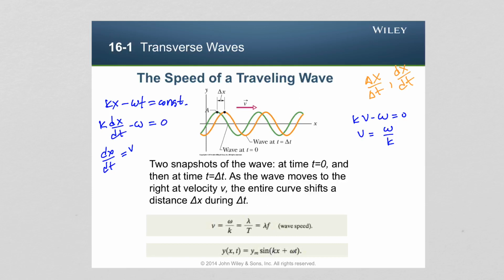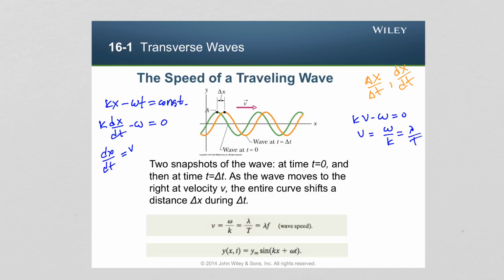Now, if you remember, omega is related to the period of the wave, and k is related to the wavelength of the wave. So if I combine the two, I can also rewrite the wave speed as lambda divided by the period, as it's shown right here.